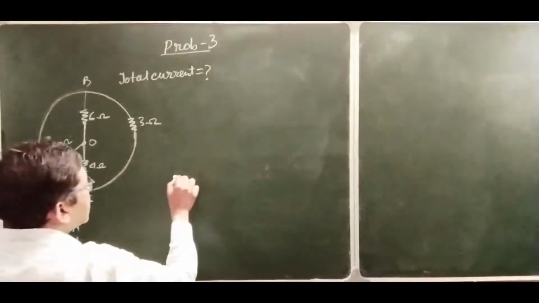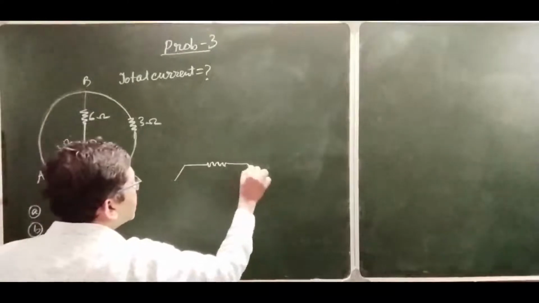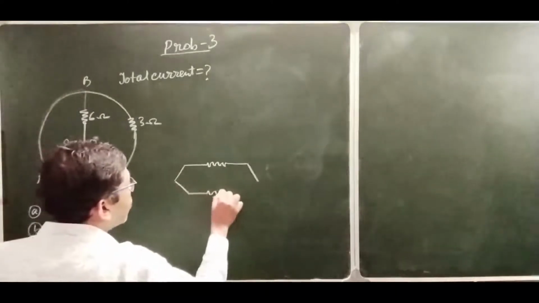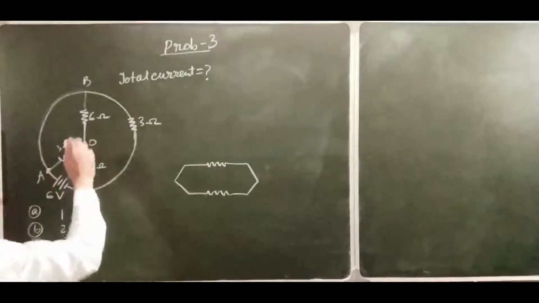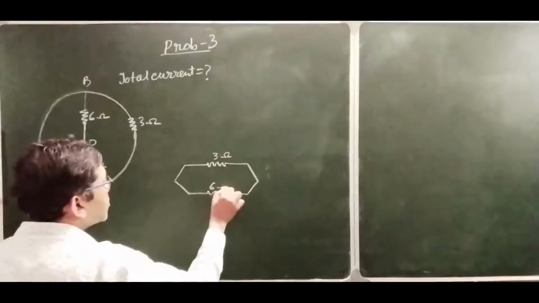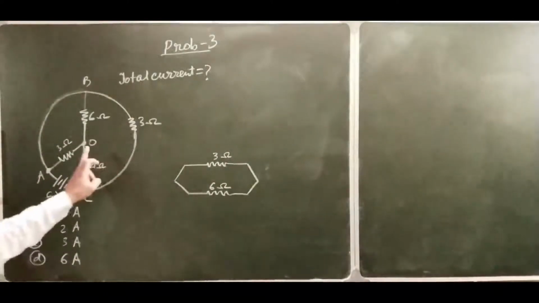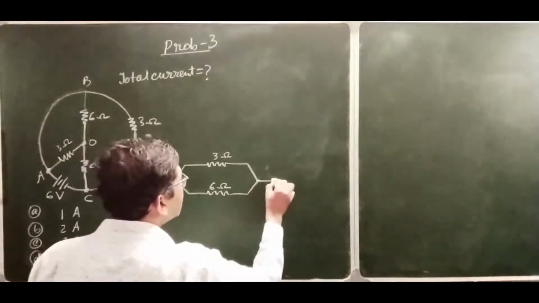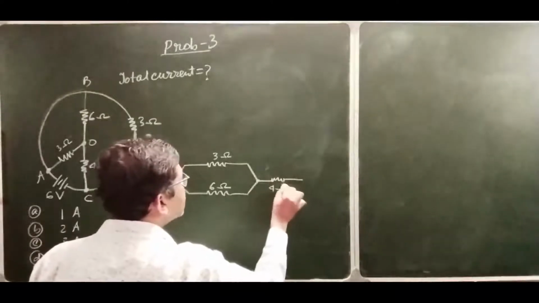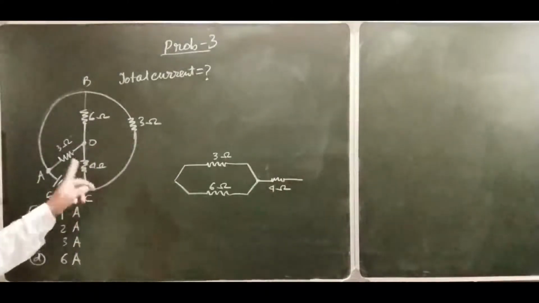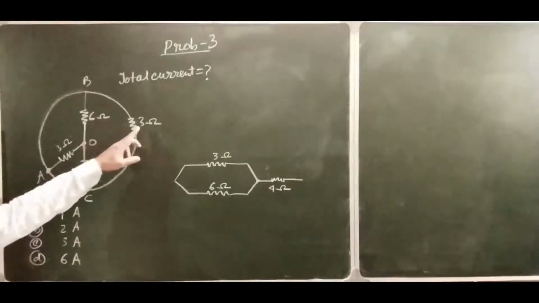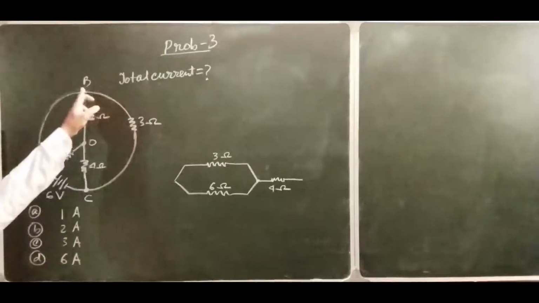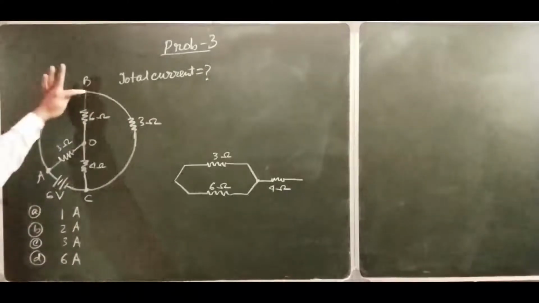First we draw these 3 ohm and 6 ohm resistances which are in parallel connection. Then to that connection this resistance is in series. This 4 ohm is in series. And finally one end of this 3 ohm is connected to that common point.